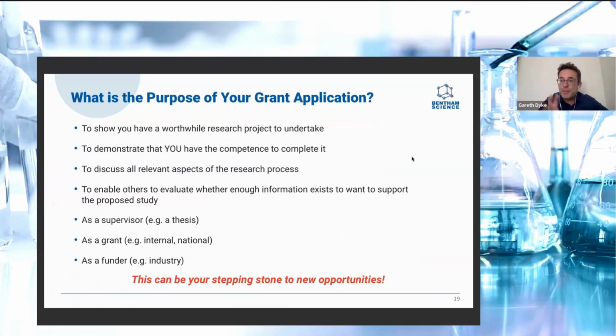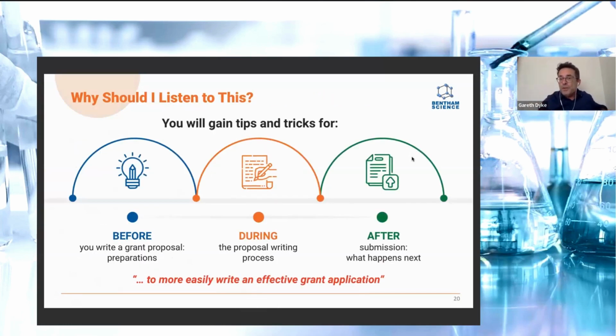And thinking about this as a supervisor, as a grant funding agency, and the grant from that perspective itself can be really important, because getting funding successfully, of course, is a huge stepping stone to other opportunities as a researcher.